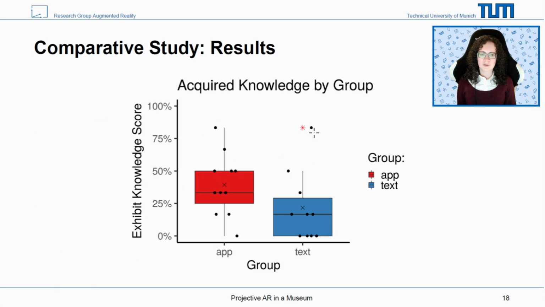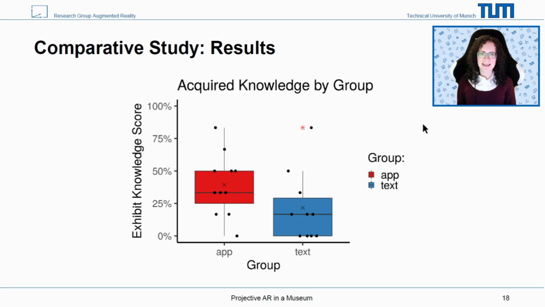Now, representing the data as a box plot shows that both the mean and the median of the group using the application are higher than those of the group reading the text. The data is not normally distributed, so instead of using a standard t-test, we applied a non-parametric alternative of the t-test, the Kruskal-Wallis test.